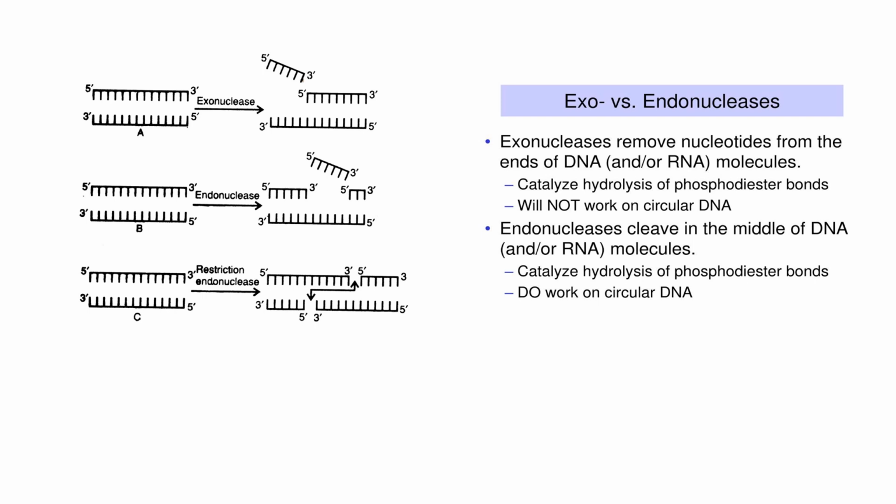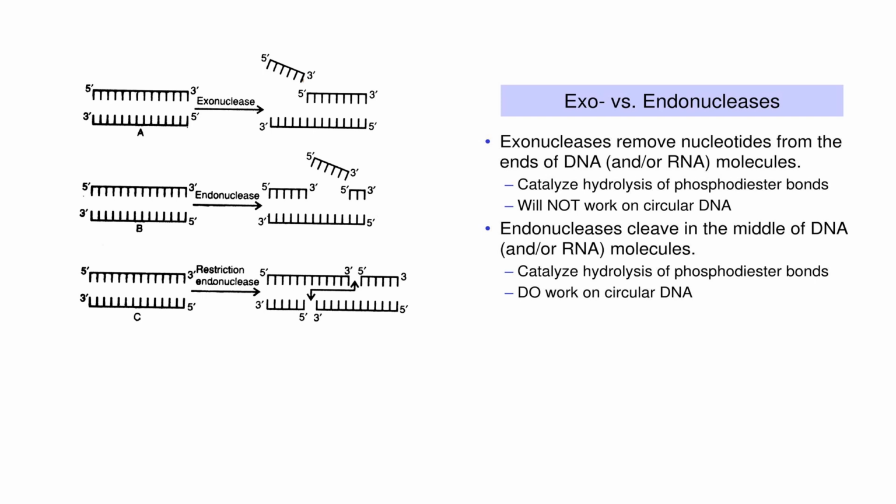The sugar phosphate backbone is there, and the bond present there is known as the phosphodiester bond. Actually, the endonuclease and the exonuclease cut the phosphodiester bond of DNA. Now this endonuclease works on circular DNA.